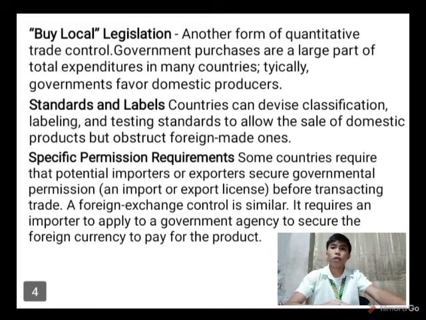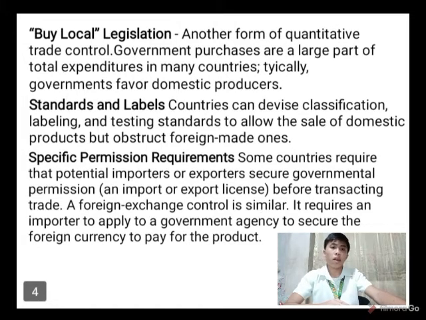Next is specific permission requirements. Some countries require that potential importers or exporters secure governmental permission, an import or export license, before transacting trade. A company may have to submit samples to government authorities to obtain such a license.